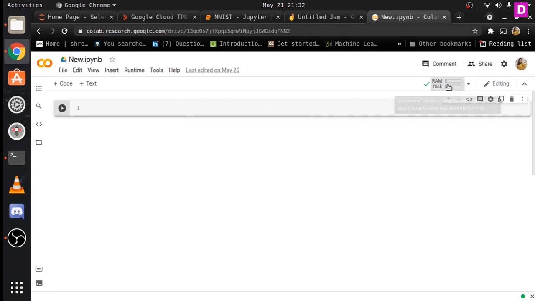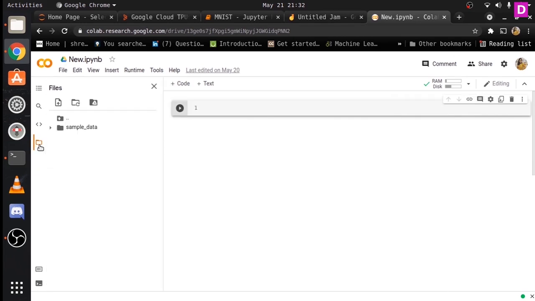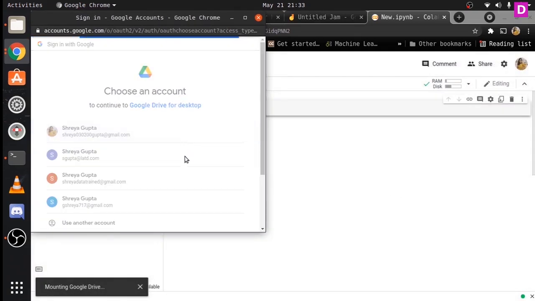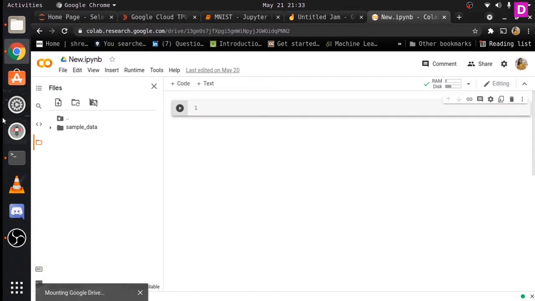Now there are a few other things in Colab. You have here where you can manage sessions and check the amount of RAM used. Obviously you have this folder here. This is used to mount the Google Drive. Okay, so this is how you mount the Google Drive. Now what exactly does that mean? Suppose you have some data set.